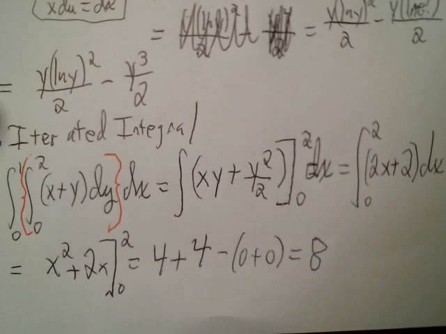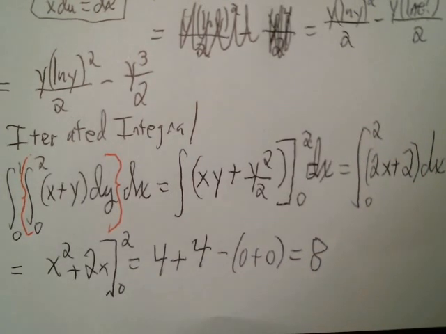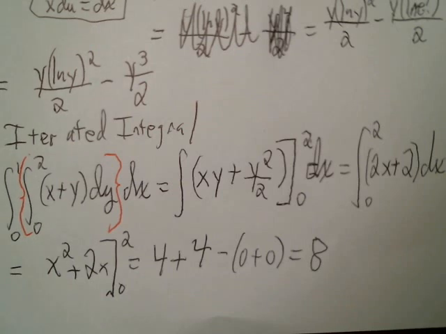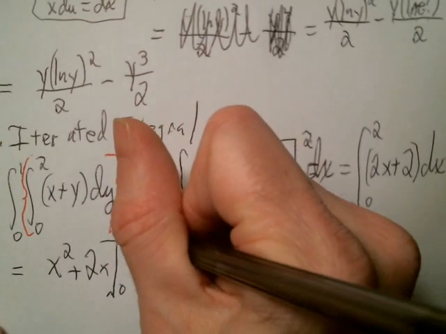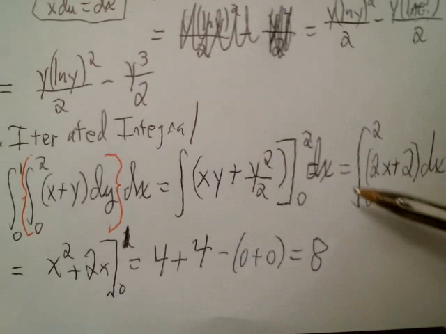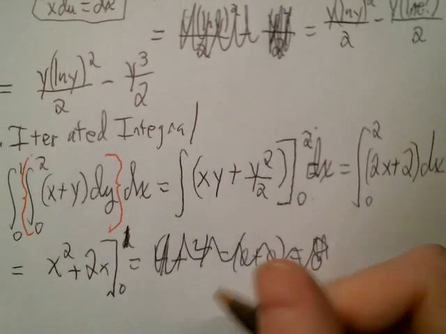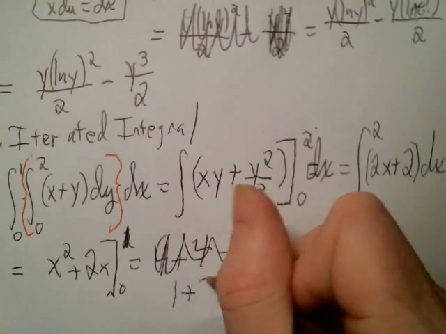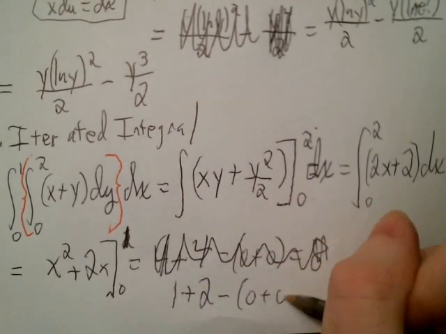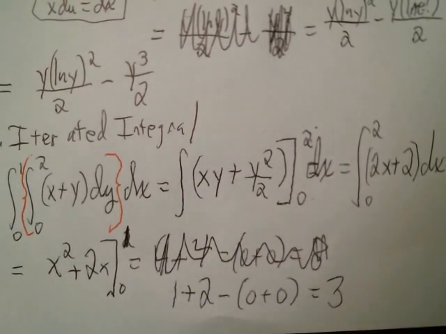And then that will just be 8. Unless I made some silly error, which seems, oh, it's 0 to 1. Sorry. Yeah. So the first limits were 0 to 2. This one is 0 to 1. So this will be 1 plus 2 minus 0 plus 0. Sorry about that. That's equal to 3.